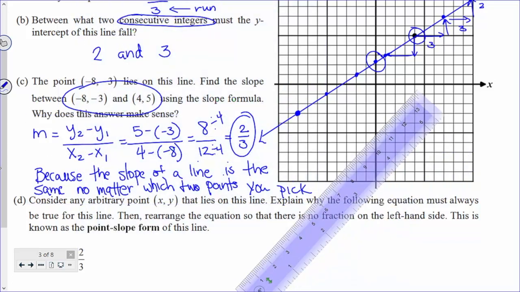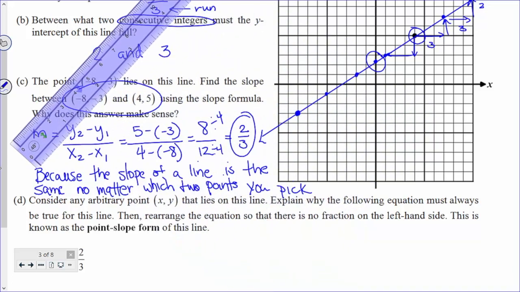Whoops, that's not what I wanted. Just wanted to move that out. Pick to calculate it.